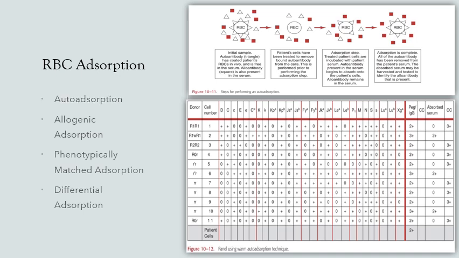Autoadsorption or autologous adsorption is used when the patient has not been transfused within 3 months and his RBC volume is adequate. This method uses patient-owned RBCs as the adsorbent.